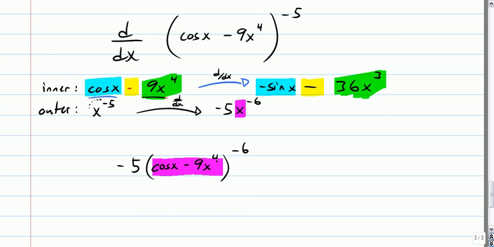So we got the derivative of the outer evaluated at the inner multiplied by the derivative of the inner: negative sine x minus 36x cubed. And we're done. You might be able to simplify that a little, but you're fine. Stop there. That's good.